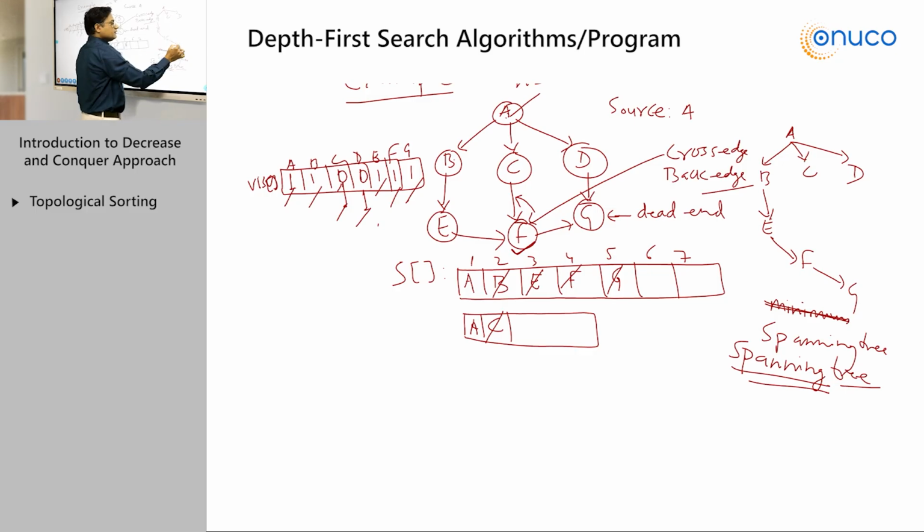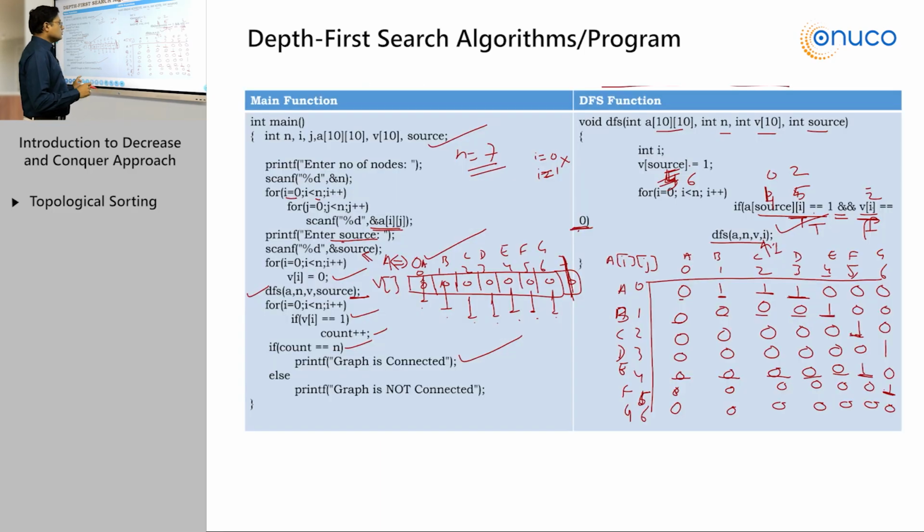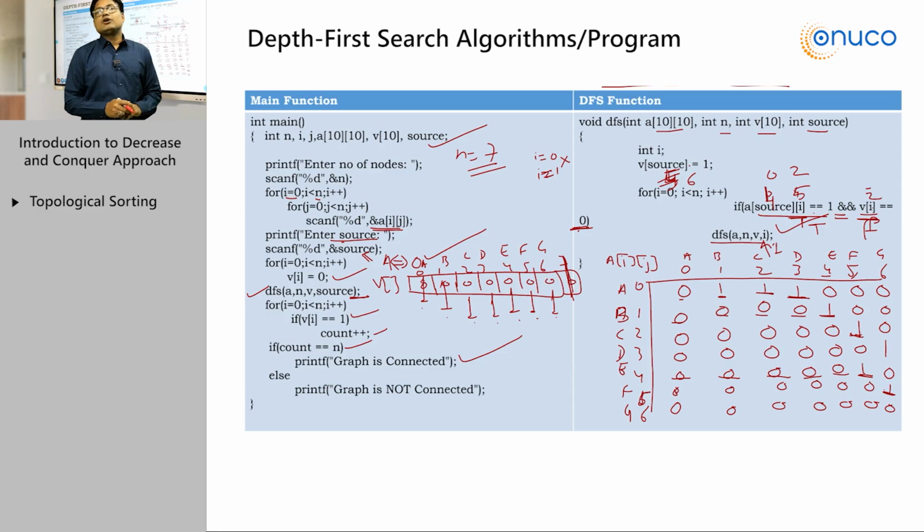And I showed you very clearly that from here we will go and backtrack to find other possible connectivities. So in this case, what we learn is to find spanning trees and whether the graph is connected or not. So these are all properties of DFS, whether nodes are connected or not.